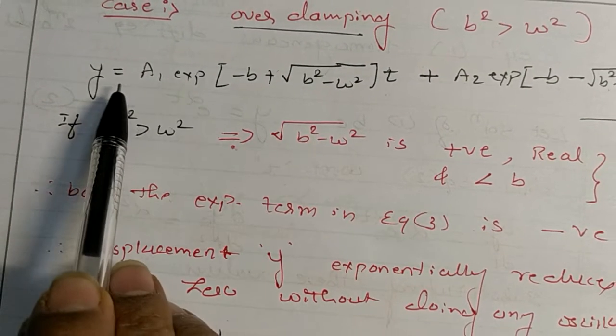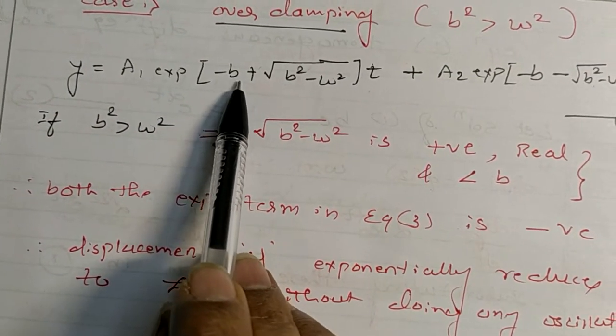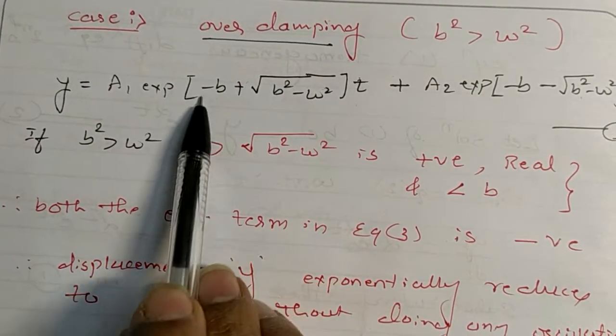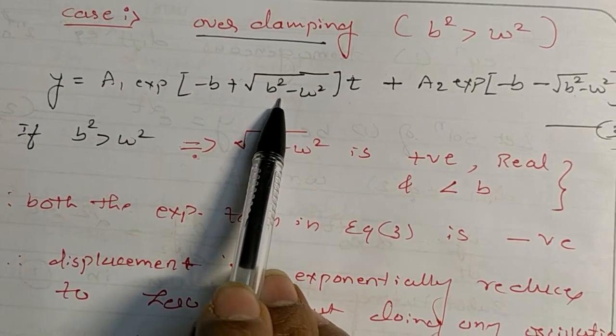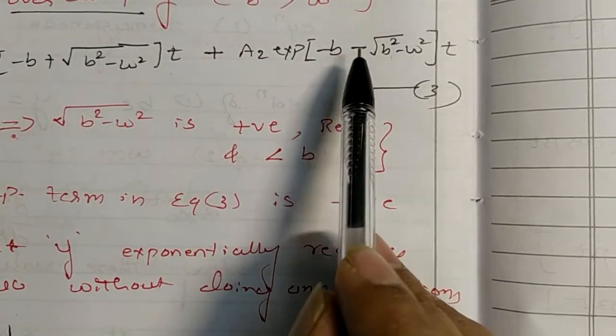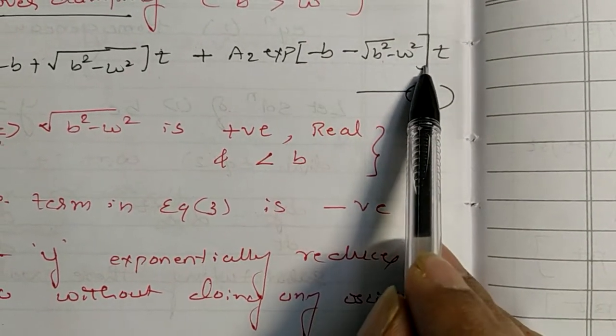Now rethink about equation number 3. In the exponential term, minus b plus a quantity less than b means the total term inside the bracket is negative. Here again, minus b minus a quantity less than b is also negative.